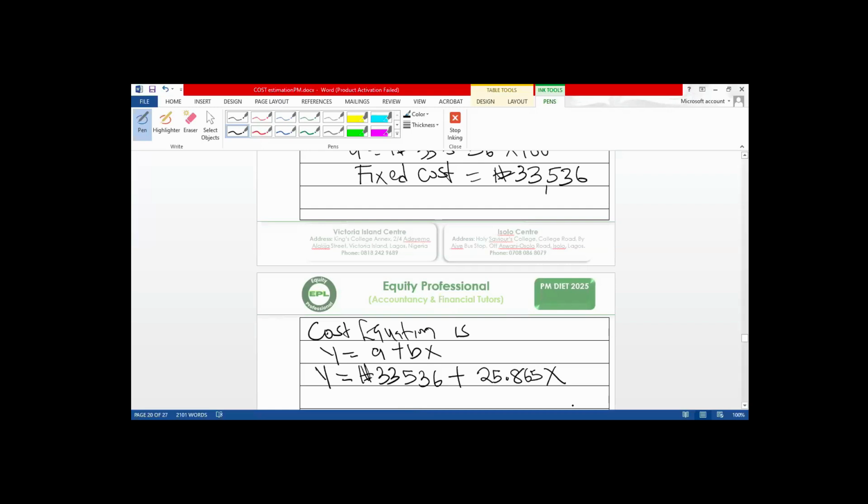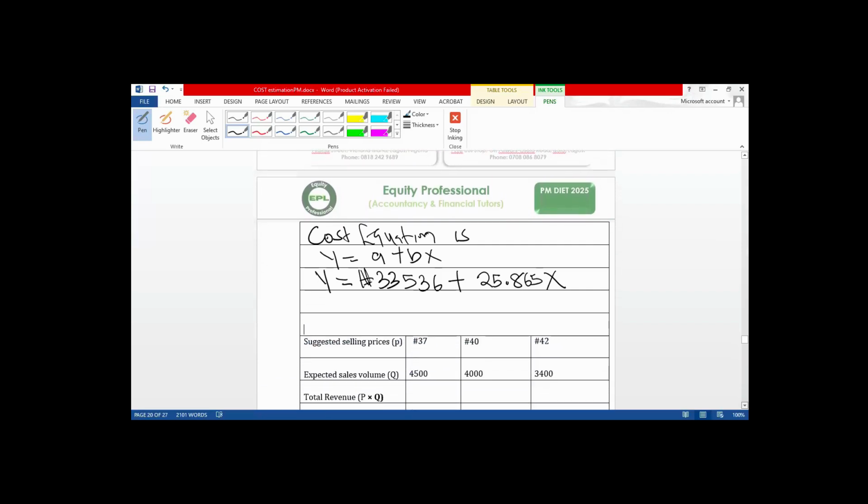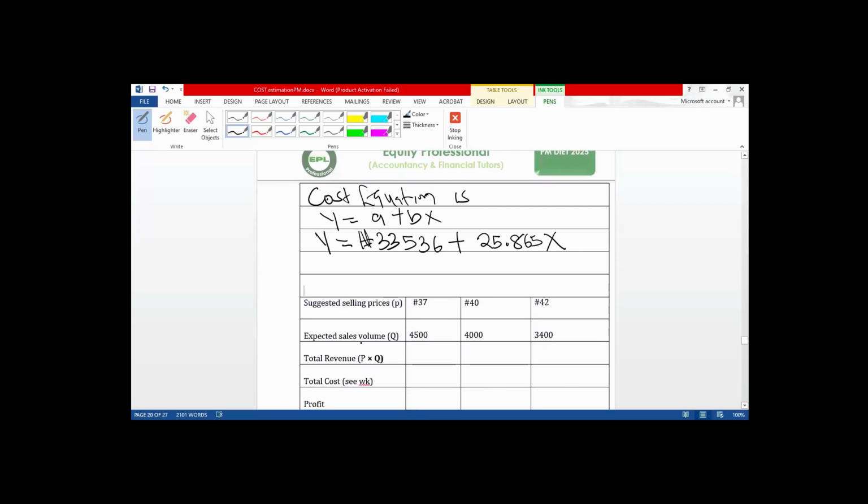Now let's look at the last aspect. We want to determine the optimum selling price. We are given three suggested prices.